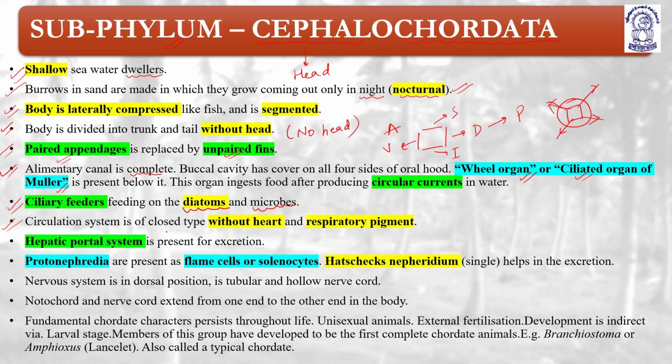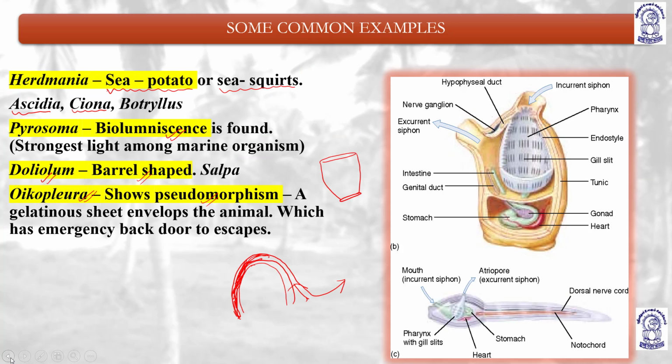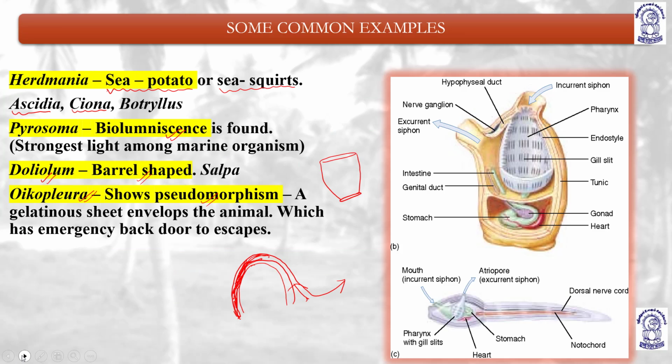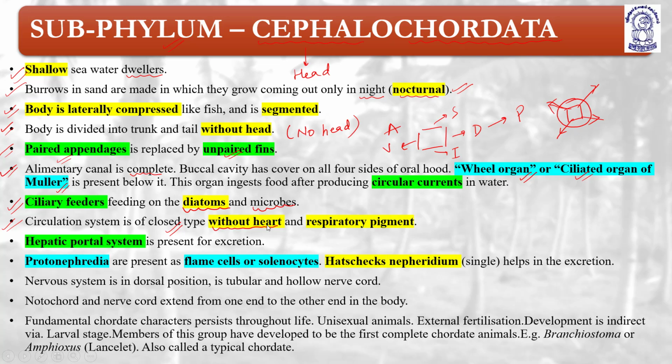The circulatory system is of closed type. Previously in Urochordata, Tunicata, the circulatory system was open type. Here, the circulatory system is of closed type, without heart. You can compare the characters, right? The heart is on the ventral side in Urochordata, but here there is no heart and no respiratory pigment, so there is no vanadium.